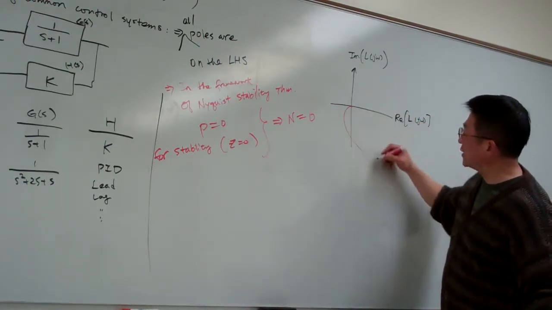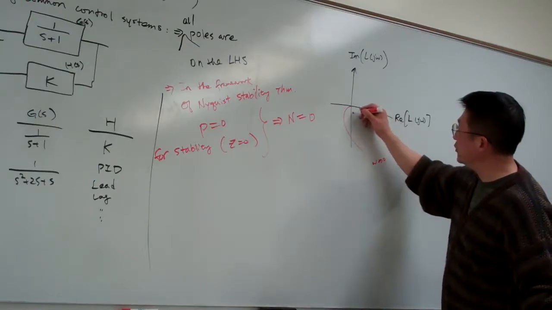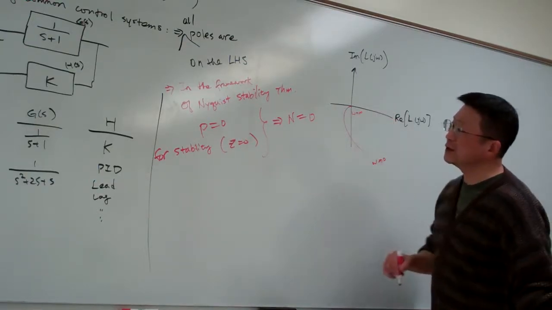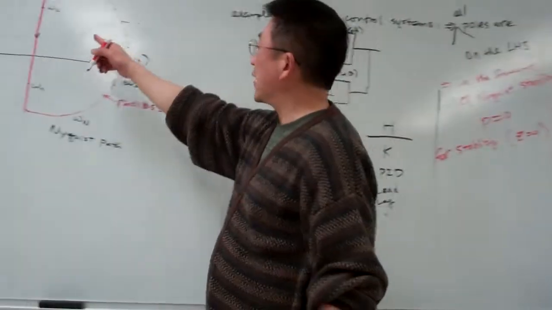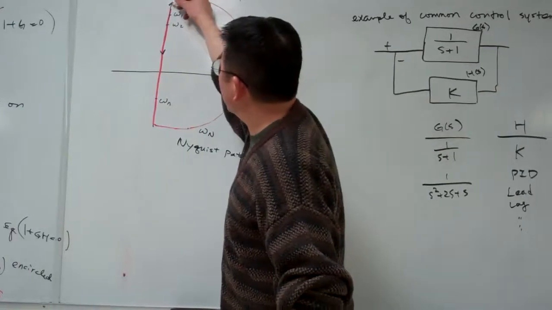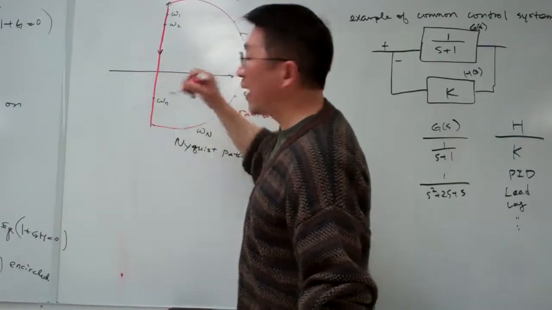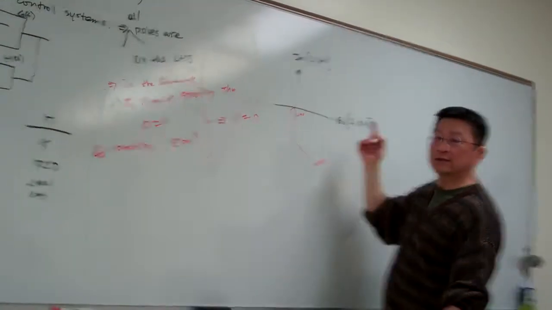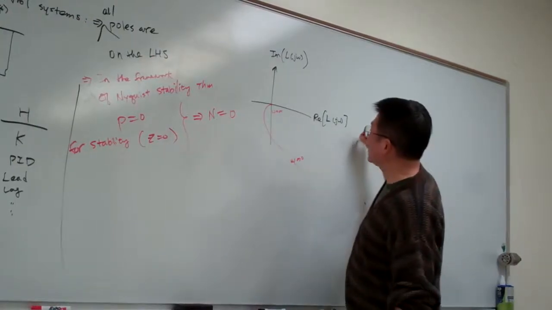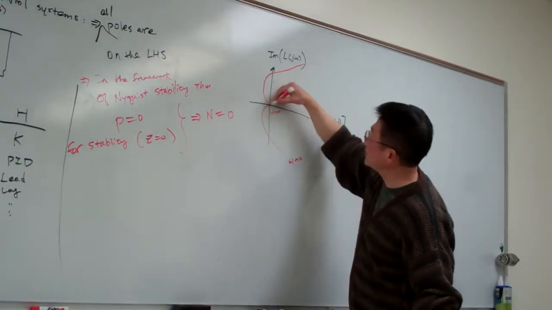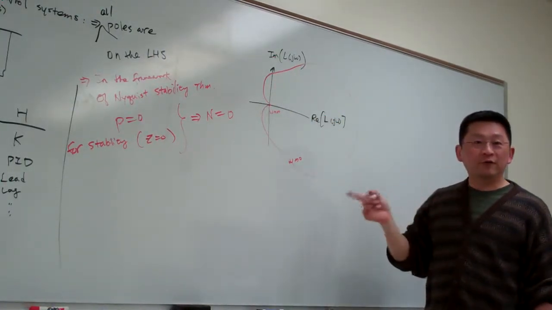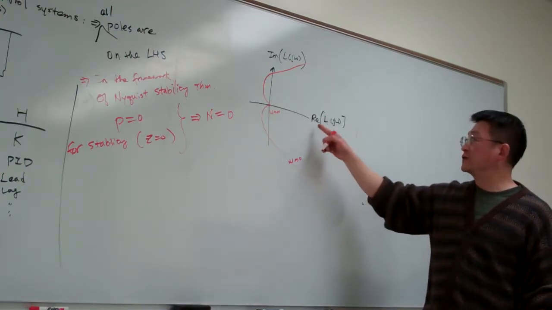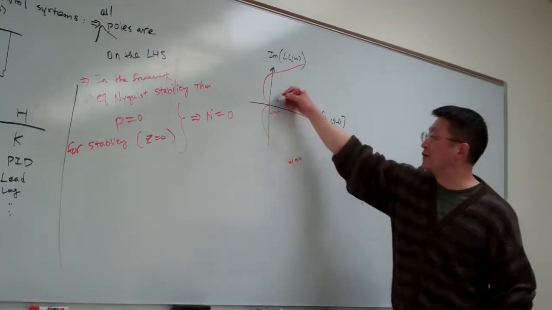That is omega approaching 0, omega approaching infinity, and corresponding to our Nyquist plot, that is infinity to 0 and from 0 to minus. So here we make reflections, and the reflection will be something like this. So a typical Nyquist plot of certain characteristic equations will be something like this.